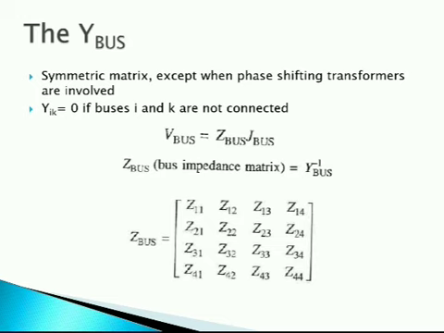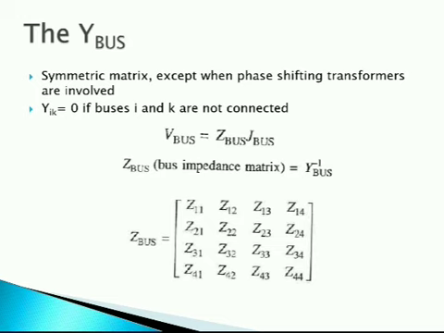Now this is why we have used Y bus in place of Z bus. If nothing is connected between bus 1 and bus 2, Y bus can be easily written as 0 in the matrix.